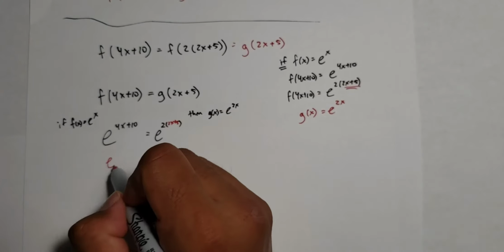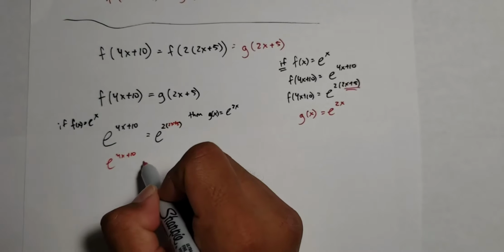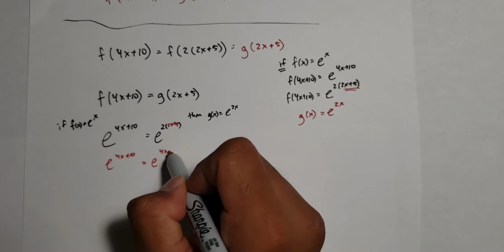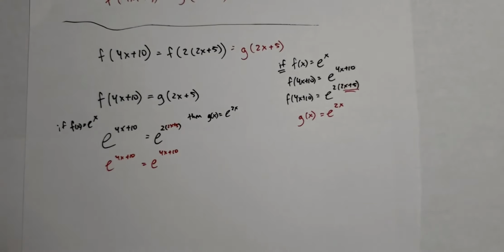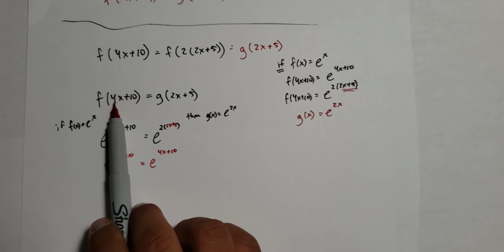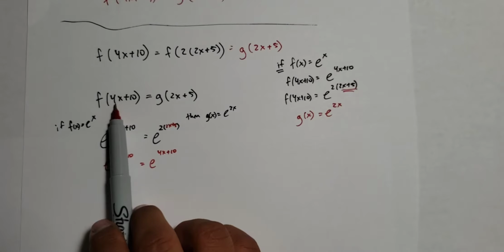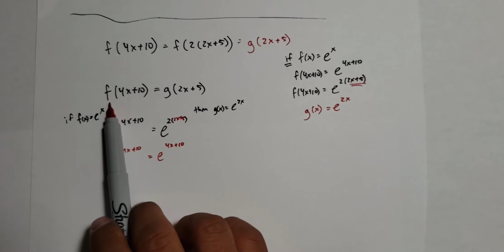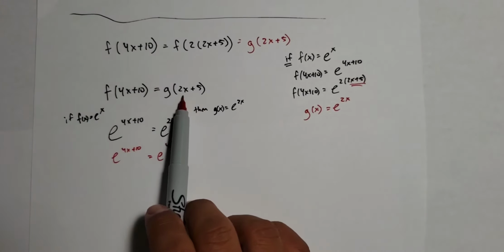So then we would get e to the 4x plus 10 equals e to the 4x plus 10. So it is true that if you have a function f, you can factor out 2, and you will get the same result as if you have another function g at 2x plus 5.